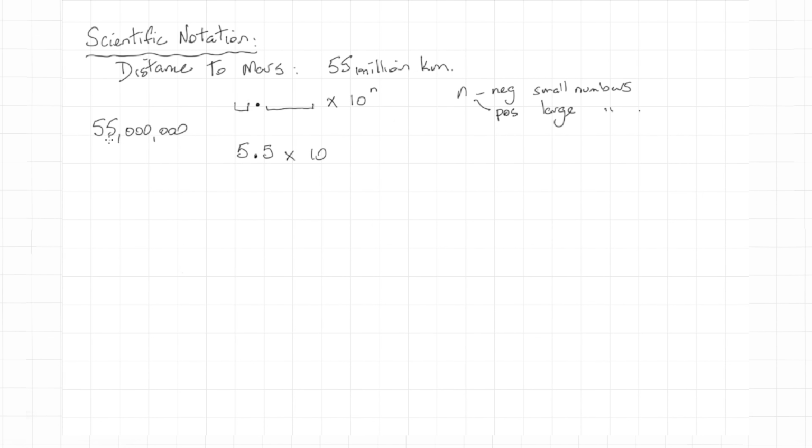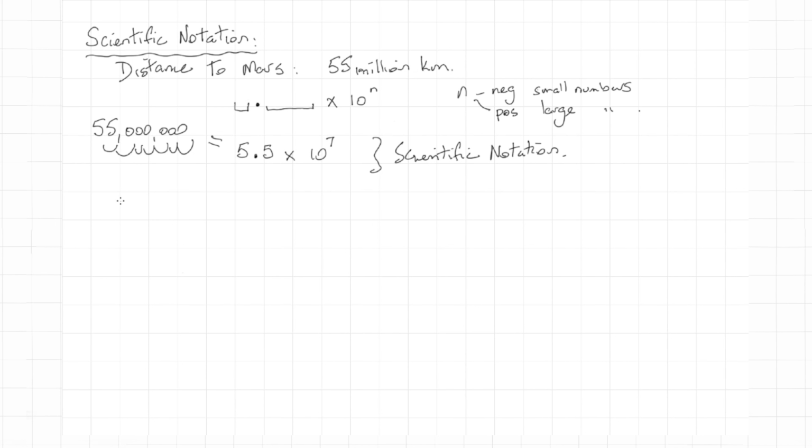So there's our 5.5, so it would be 1, 2, 3, 4, 5, 6, 7. So it'd be 5.5 times 10 to the power of 7. And that's scientific notation. It's exactly the same number as 55 million, just a more succinct way of writing the actual number.